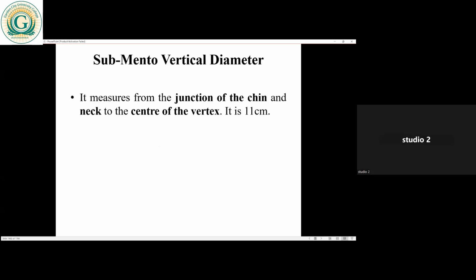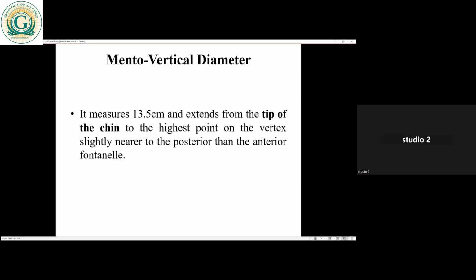Then you have the submentovertical diameter. It measures from the junction of the chin and the neck to the center of the vertex. It is 11 centimeters. Then the mentovertical diameter measures from the mental, the chin area, to the vertex, and that one is 13.5 centimeters.